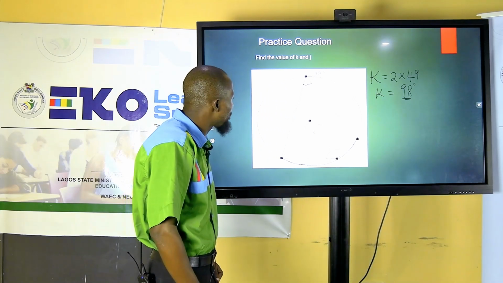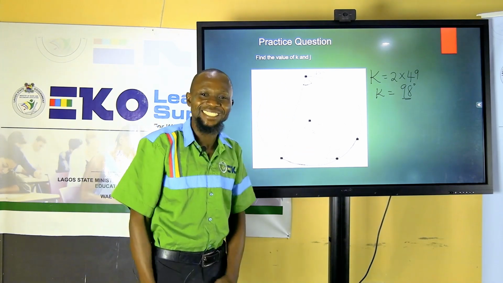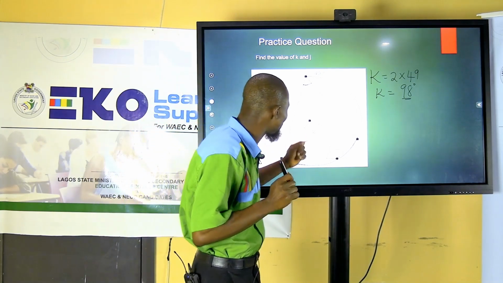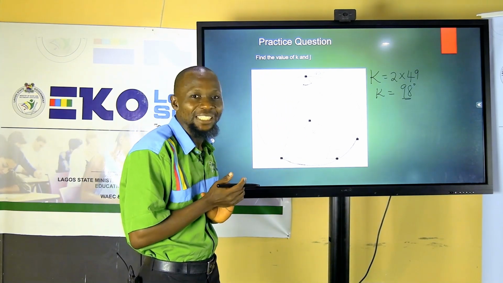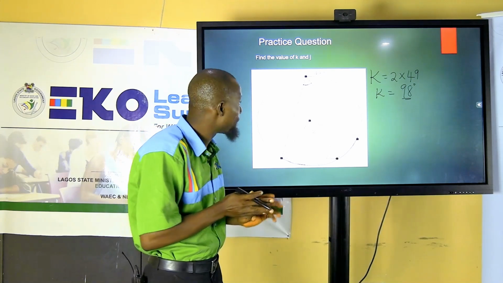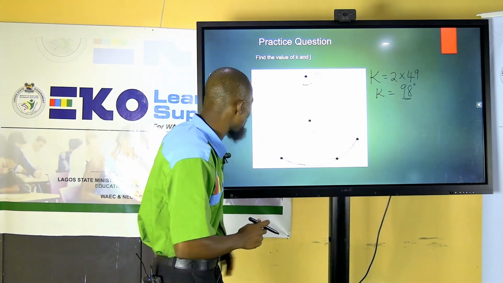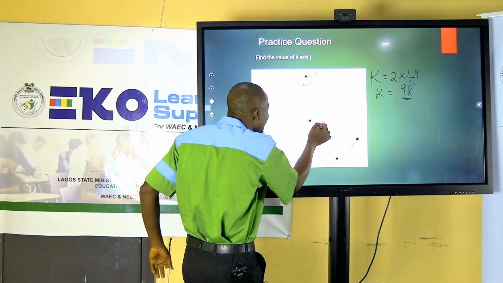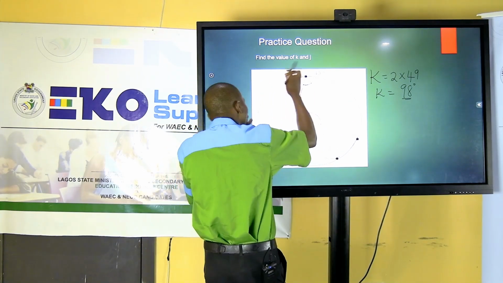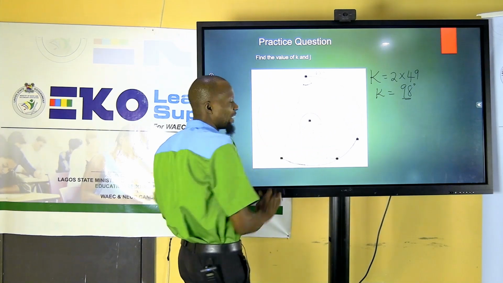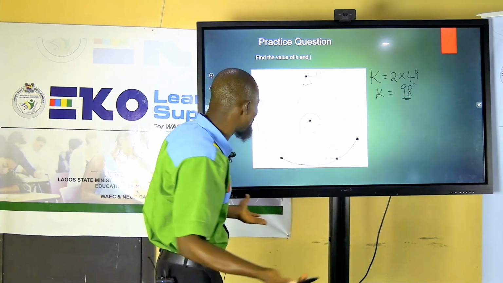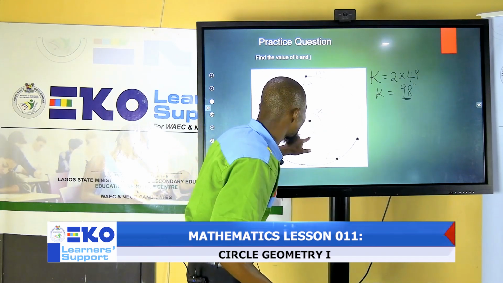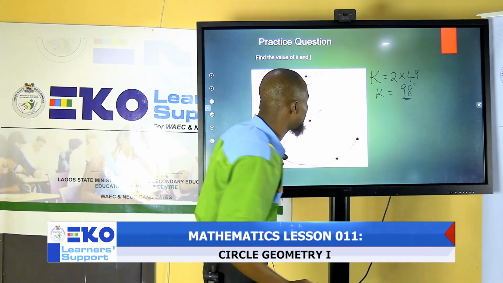So having got our K to be 98 degree, how do we get J? Don't forget, when I was making definitions the other time, I defined minor and major sector. So this is the minor sector. I can have a major sector here, the one here. And based on what we have learned before, if I call this X, it means X plus K will form 360 degree.